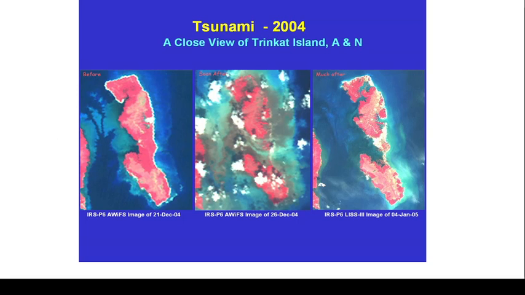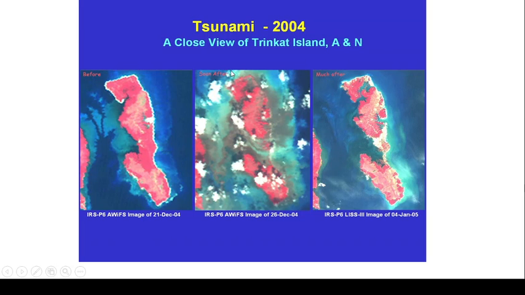Here is an example of Trinket Island, which is situated in Andaman and Nicobar. When the tsunami occurred, before its arrival on 21st December 2004, you can see the shape of the island was like this. Then soon after the tsunami occurred, on 26 December 2004, the satellite captured the image of the island like this.